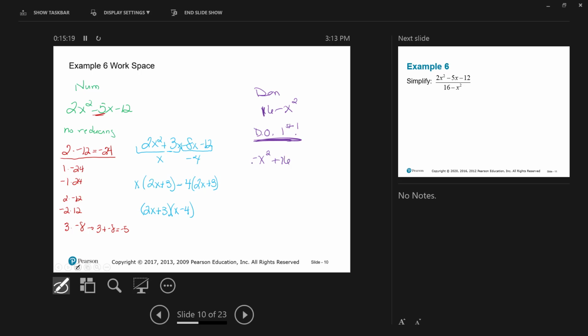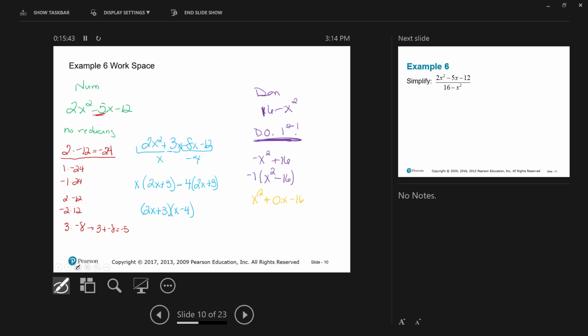I'm noticing the first term is negative, which means I'm going to take out a negative 1, and I'll be left with x squared minus 16. Agreed? Okay, which means now I need to finish factoring that, and you guys have factored this before. We have x squared plus the 0x minus 16.